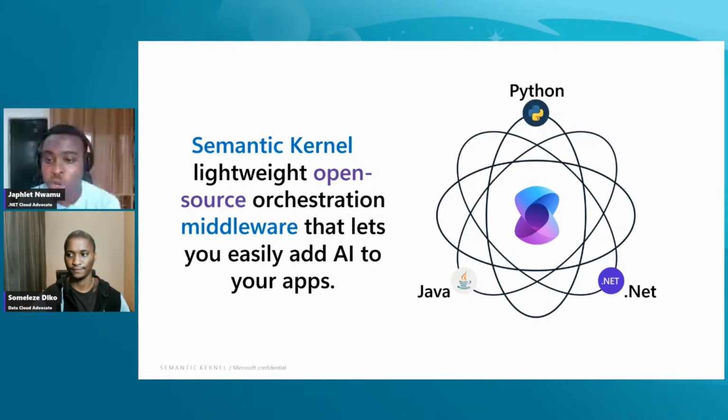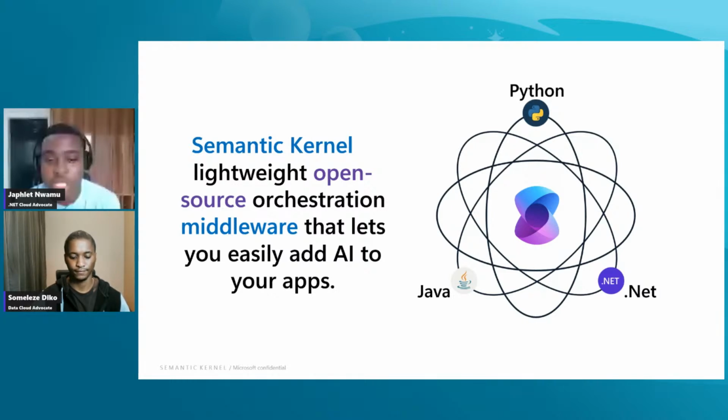Because it's lightweight, it's easy for you to build your AI agent and to utilize the latest AI modules whenever you're programming, either with C Sharp, .NET, Python, or Java. It's that middleware layer, right? We take an ask that usually comes from your end user, and then what Semantic Kernel does is find out what things to call, what models you want to use, and how to orchestrate that from end to end, and then it returns the results.